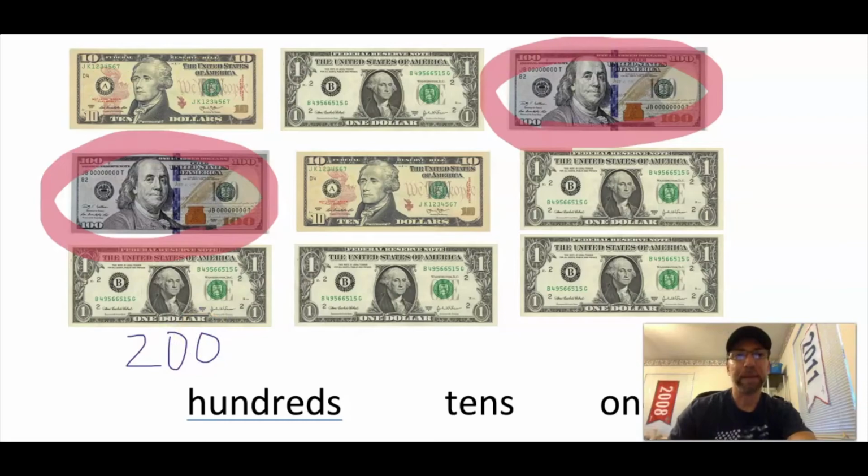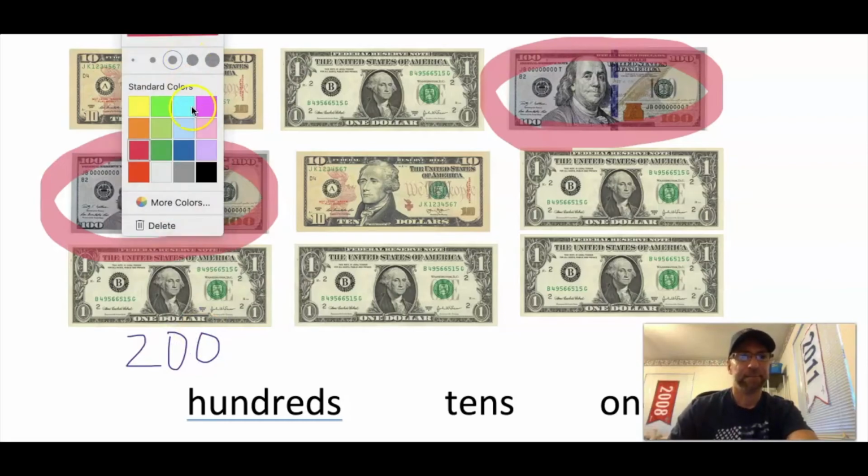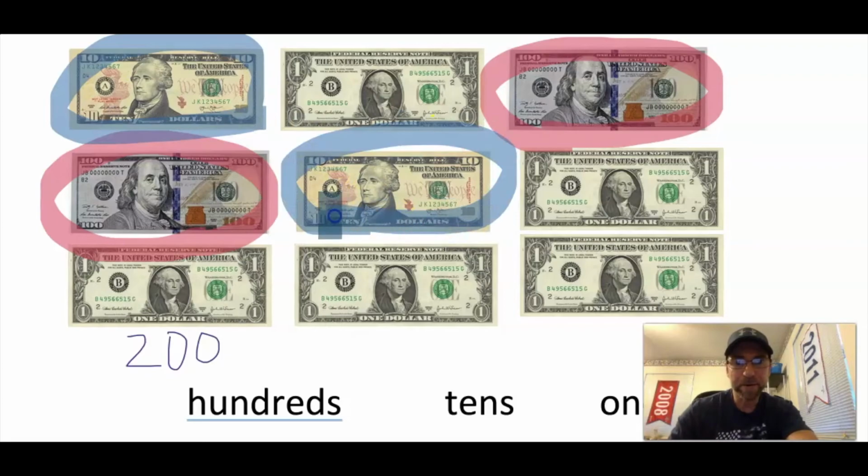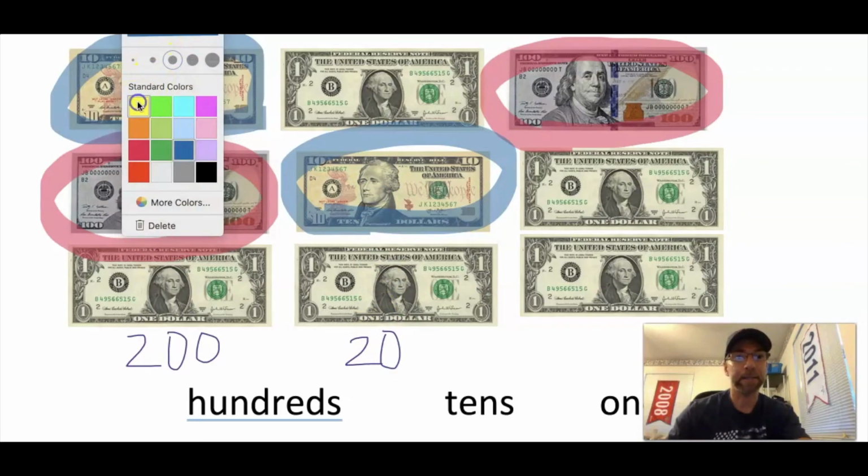Now I'm going to look for my tens. How many tens? Oh, I see a 10 right here. I see a 10 right here. I don't see any more 10s, and I have to double check. I have 10, $20. Now I have to go and count my ones.